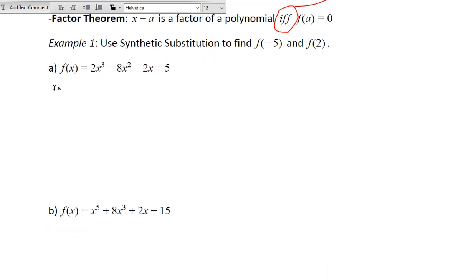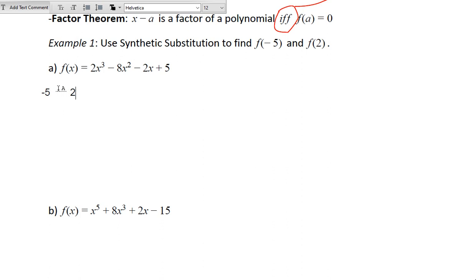Let me see. So if I am going to evaluate f of -5, it will look like this. Actually, I'm just going to put -5 here, and I'm going to put my little square in there here in a second.